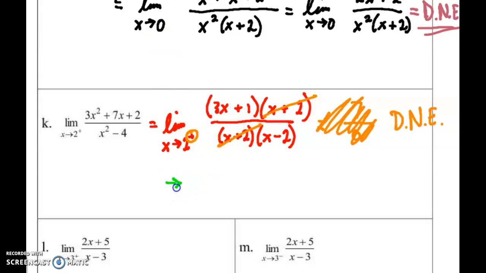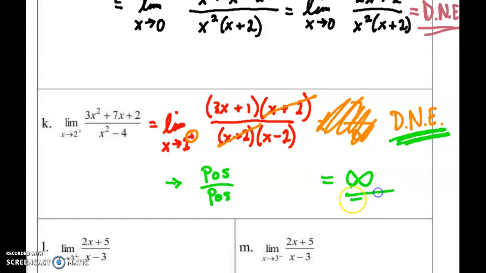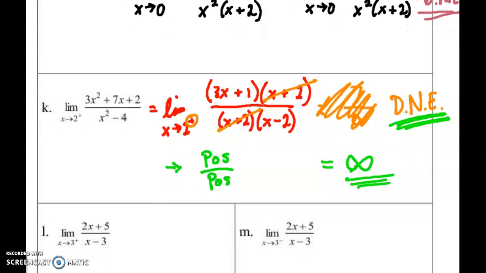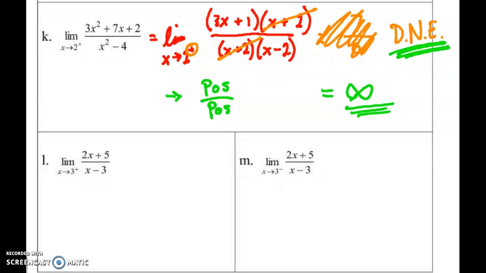So if we do that, we would get a positive in the top, like I'm doing 2.1, still a positive on top. 2.1 minus 2 is a positive on bottom. So this is telling me that the behavior will be a positive answer or go to infinity. But I will accept does not exist as well, but there is this behavior of going up to infinity.